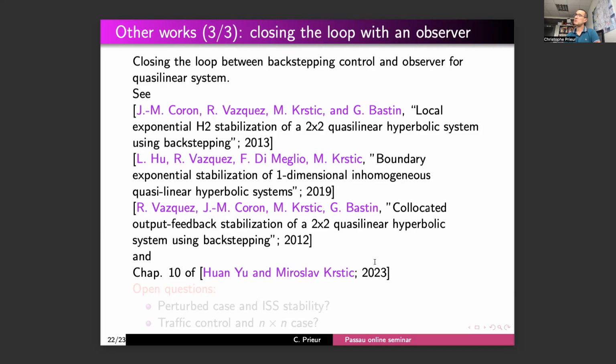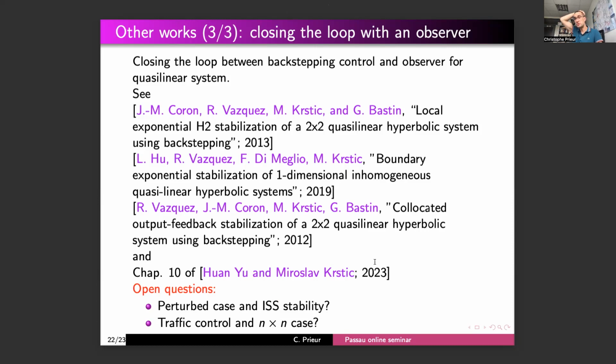But closing the loop between observer and state feedback law, there are already very interesting works, but there are still many open questions. The first one is, what about the perturbed case? I'm not sure that we have dealt with input to state stabilization by means of output feedback laws.